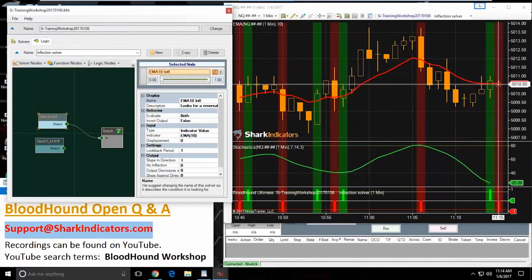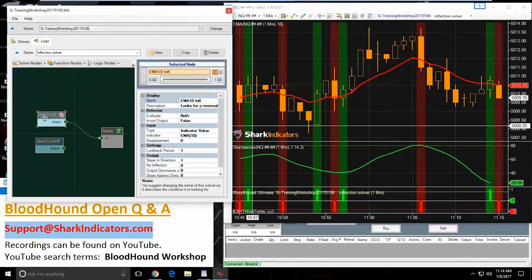Now you can see price moved down and pulled the EMA down, so we're getting a down inflection right now in real time. The EMA is inflecting down in real time. You can see the inflection solver is working in real time with calculate on bar close set to false.